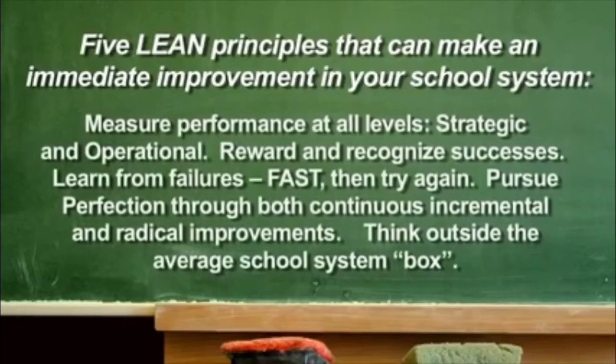The fifth principle is that we have to measure performance at all levels, both strategic and operational. We have to reward and recognize success, learn from failures fast, then try again. We have to pursue perfection through both continuous incremental and radical improvements. We have to think outside the average school system box.